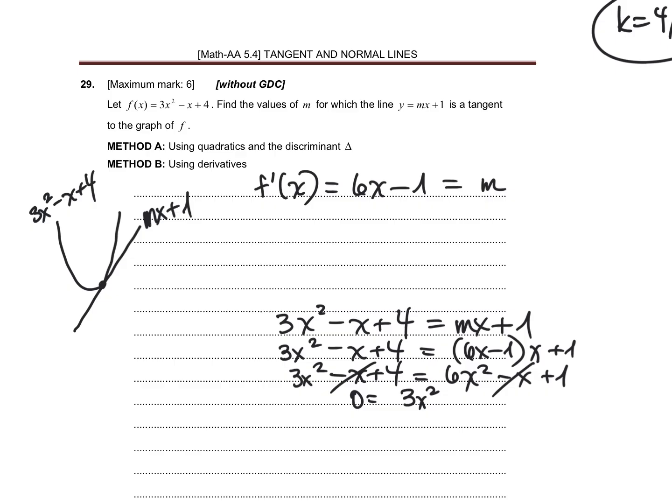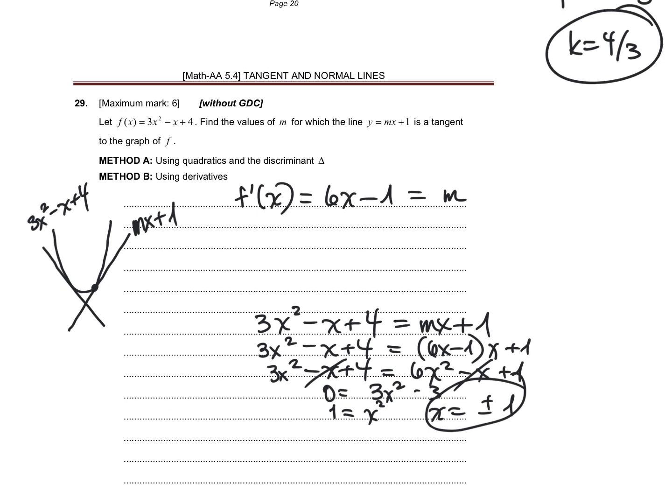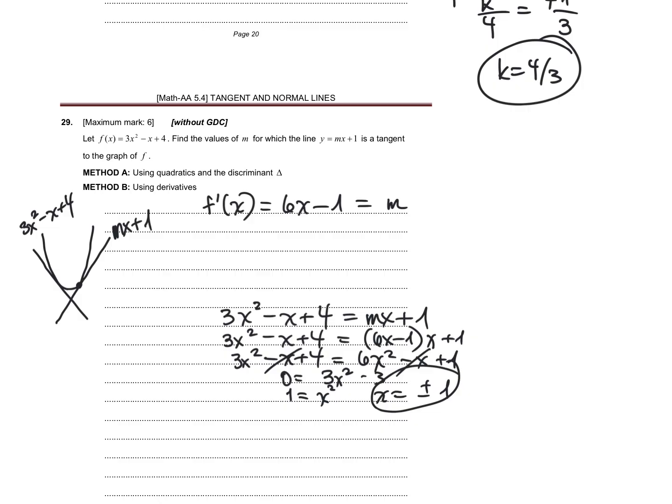Those cancel, and then minus 3. So add 3, divide by 3. X is 1 and negative 1. Okay? So it's saying like that. Positive 1 and negative 1 is m. All right, so that's method B, using quadratics and the discriminant.